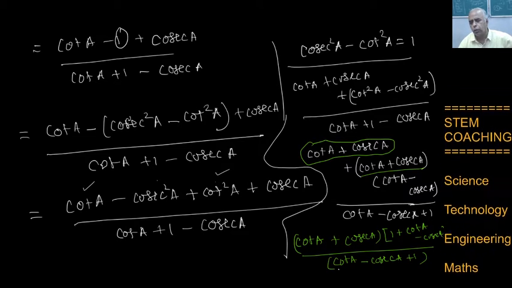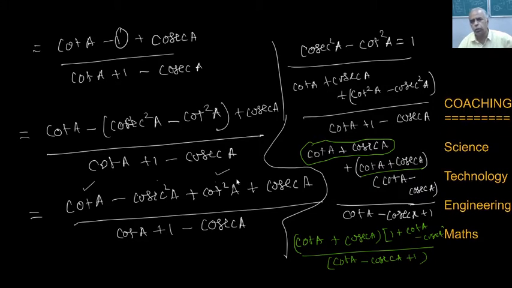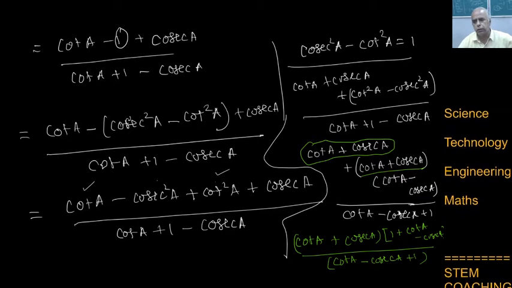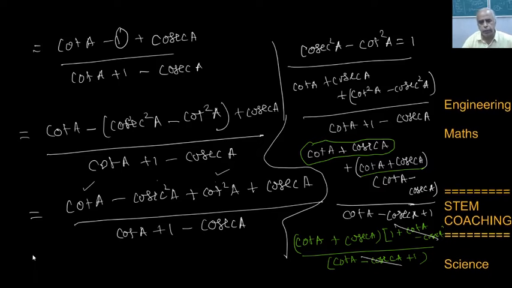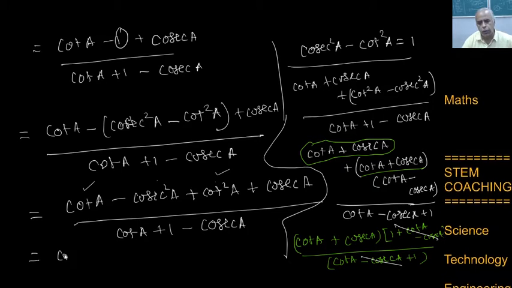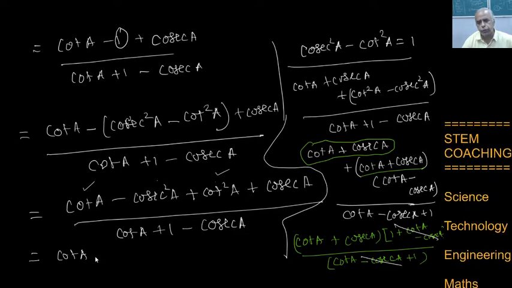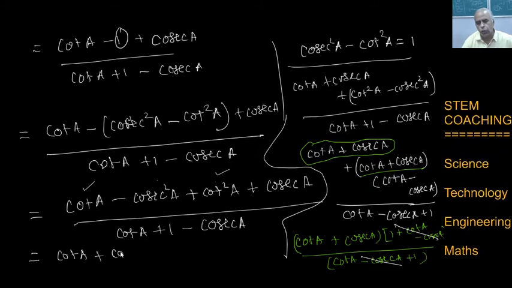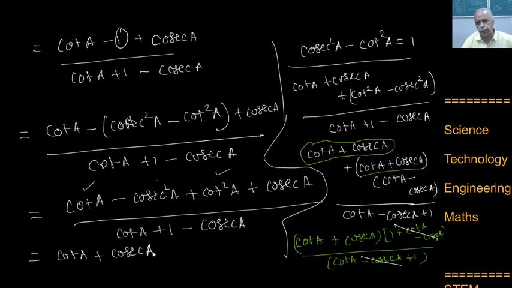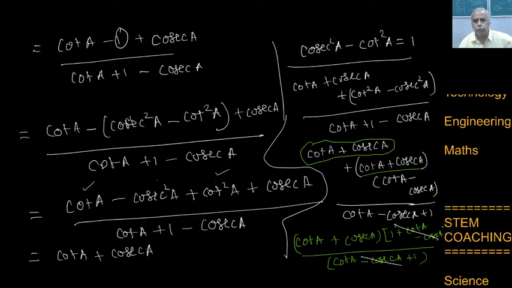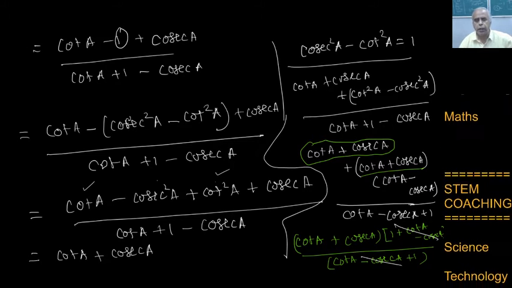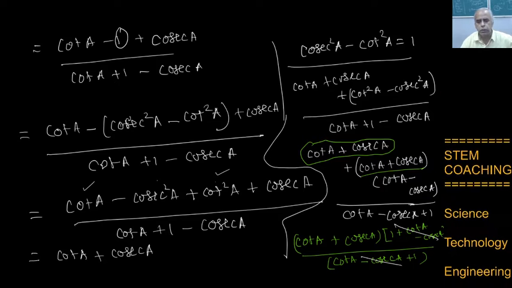Okay, now these two terms are equal, so that can be cancelled, is it not? These two terms can be cancelled, so the remaining is cot A plus cosecant A. Are you able to follow? Cot A plus cosecant A, and that is the RHS, is it not?